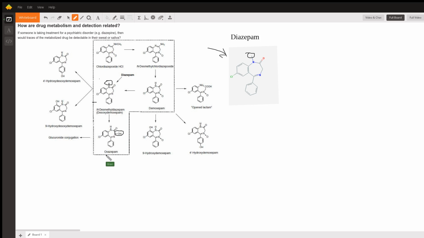And some of these metabolites, especially these ones in the box, are actually active. So they do have an effect.